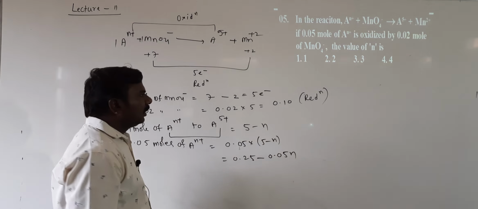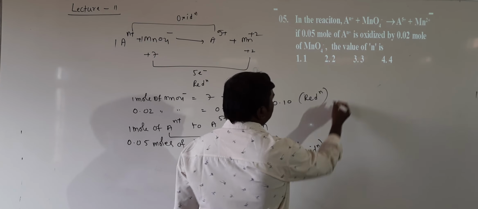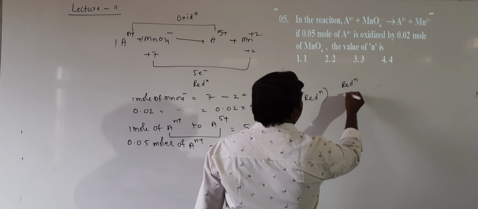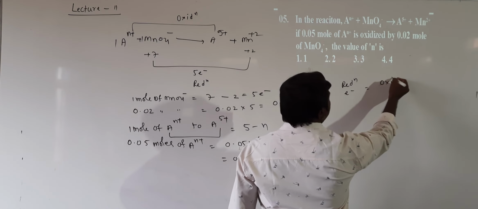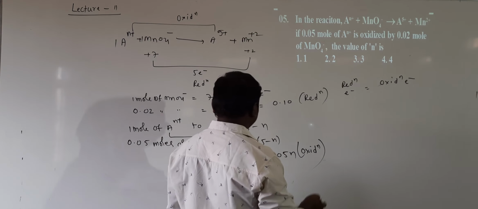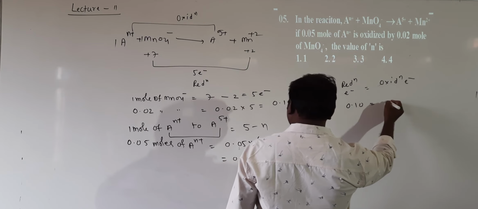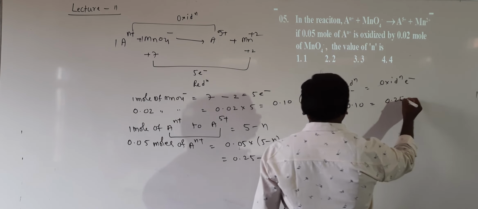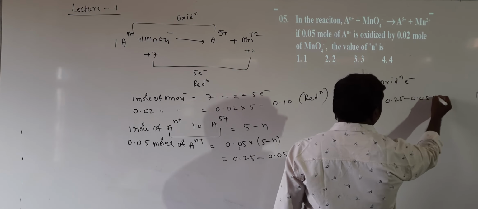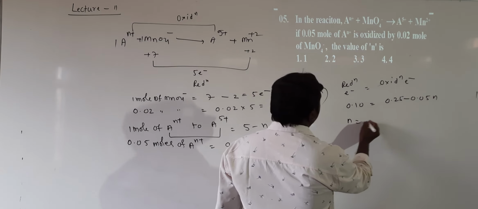Now, this is oxidation. Reduction electrons are equal to oxidation electrons. Reduction electrons are 0.10, oxidation is 0.25 minus 0.05 n. On solving this you will get n equal to 3.